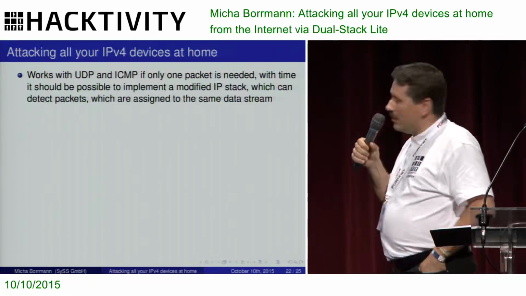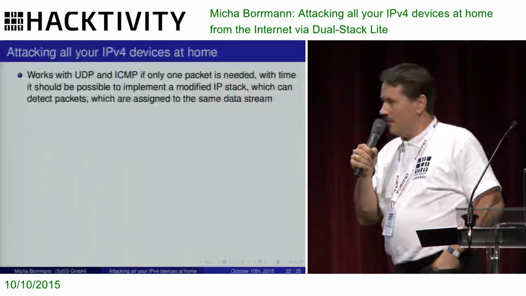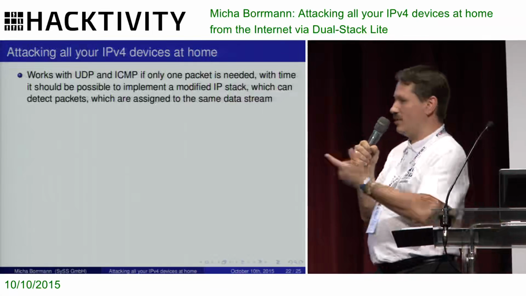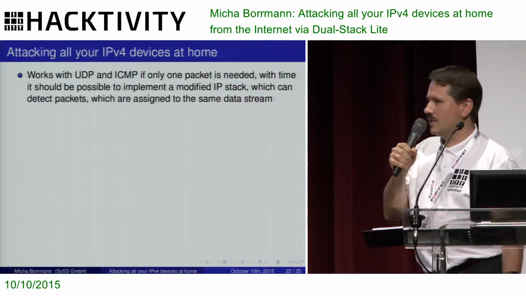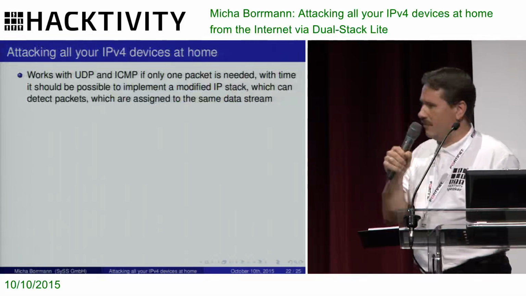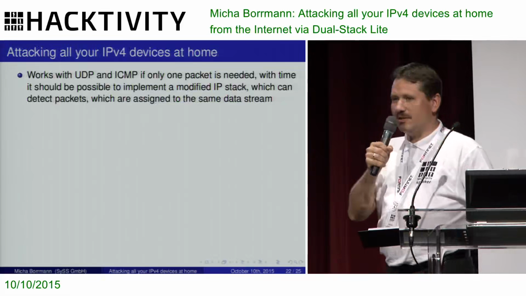And if you have time, maybe you can write a modified IPv4/IPv6 stack, which can detect packets assigned to the same data stream that come from a different source IP address than the one you sent the packet to. It should be possible if you have time and are a bored hacker, maybe. Then it's a new project for you.